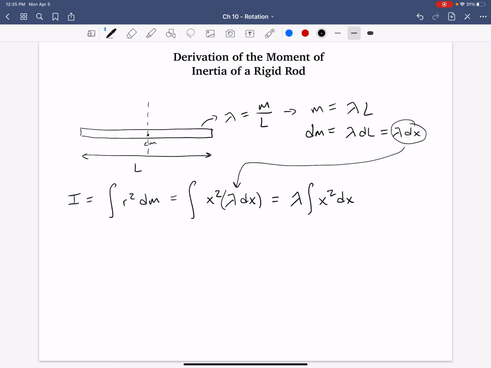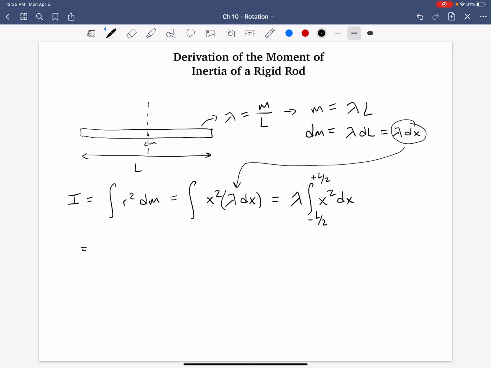Well, we have a couple options here. We can integrate from one end to the other, right? In that case, it would be negative L over 2 to positive L over 2. Or we can multiply the whole integral by 2 and just go from 0 to L over 2, whichever way you want to do it. I'm going to do it from negative L over 2 to positive L over 2.